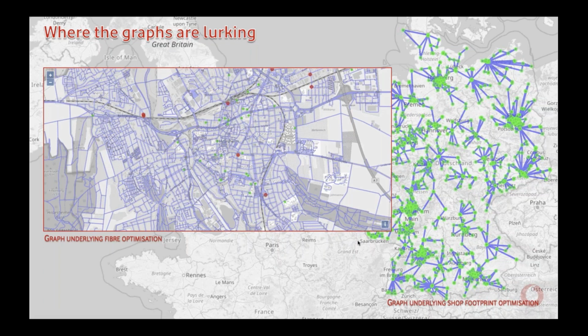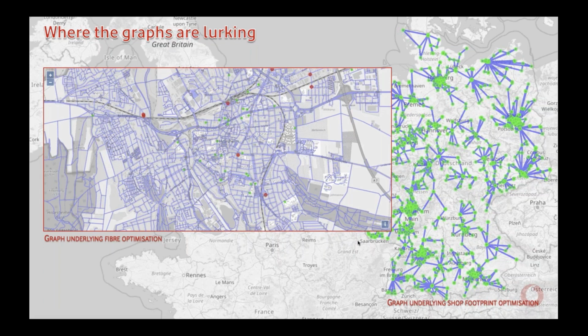We see a road map of a town in Germany, and we have on the one hand road sections as the edges in our graph, purplish in this map, and they are connecting certain vertices in the graph, which are either road crossings or potential customers, the green dots in the map, and possible access points to our existing fiber network, which are the red dots in the map.